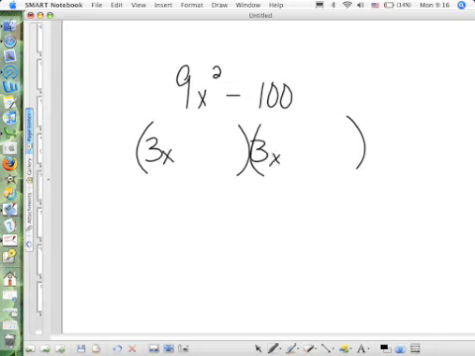Isn't that 9x squared? And then 10 times 10 is 100, right? 1's plus, 1's minus. So this first term doesn't have to be just x squared. It could be a combination of letters.